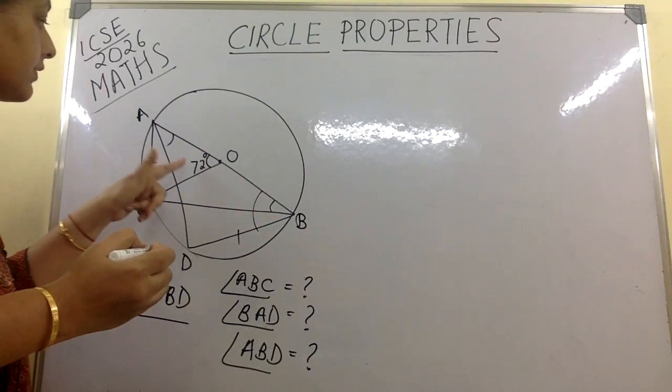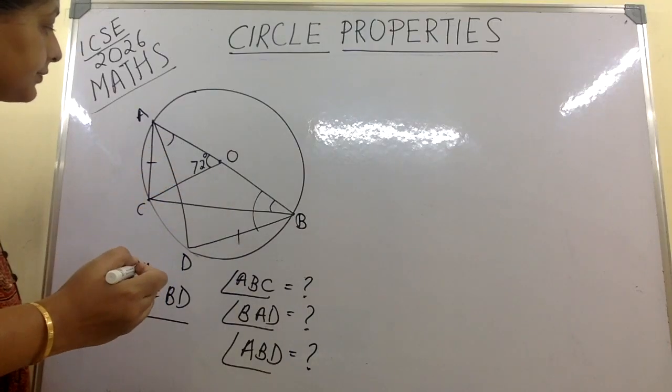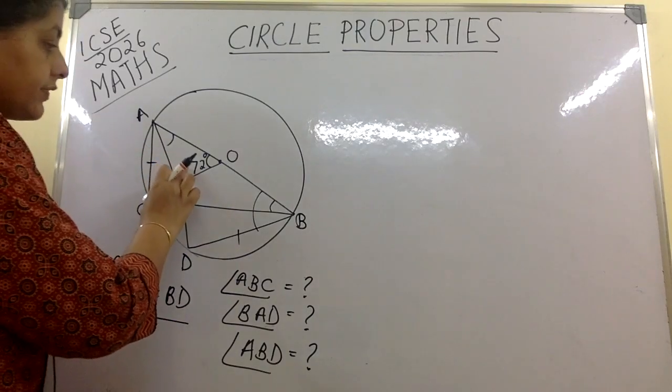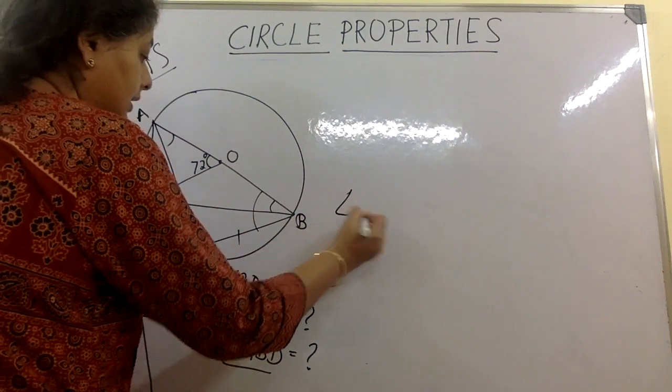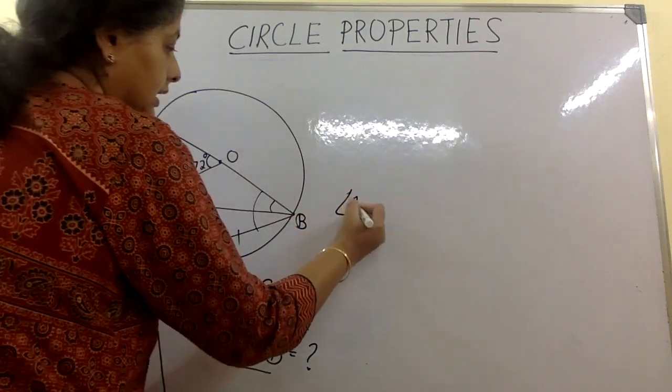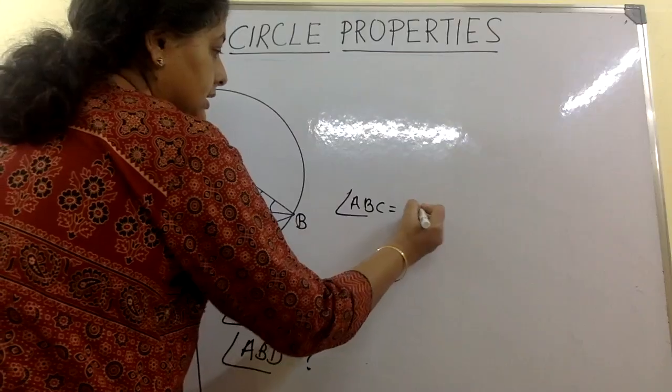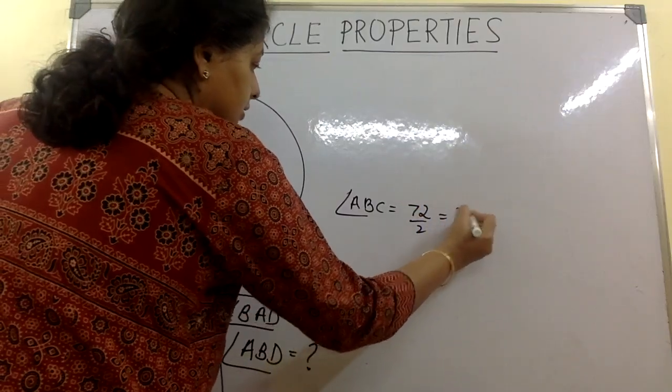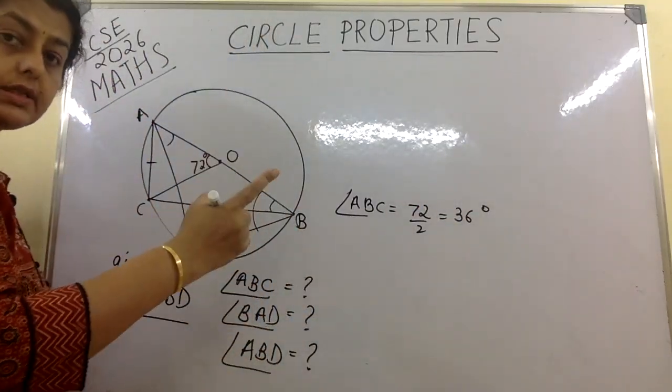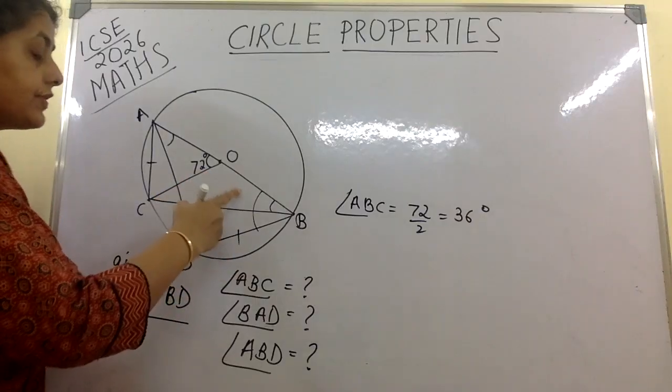So if this is 72 degrees, then angle ABC is 72 by 2, which is 36 degrees. What does that mean? This is half of 72.